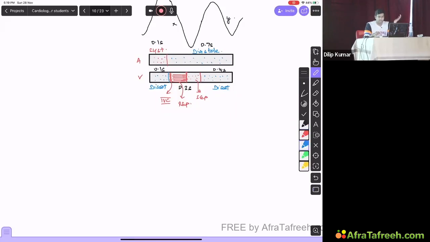So diastole can be further divided into three portions. The first portion is the isovolumetric ventricular relaxation phase. The ventricle will start the diastole, but your AV valves will still be open. Okay, and the mitral valves will still be open.